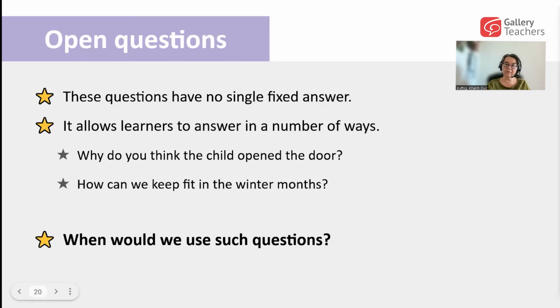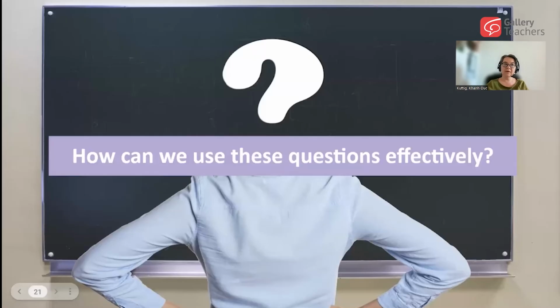Now that we've looked at the three types, the polar questions, the closed questions, and the open questions, I'd like to link that in with the main topic of today's session, which is using these questions effectively.